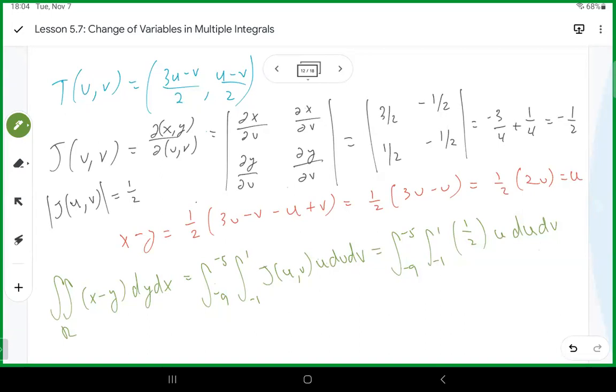And it is going to end up being 0. So it's just one example of why we transform integrals.